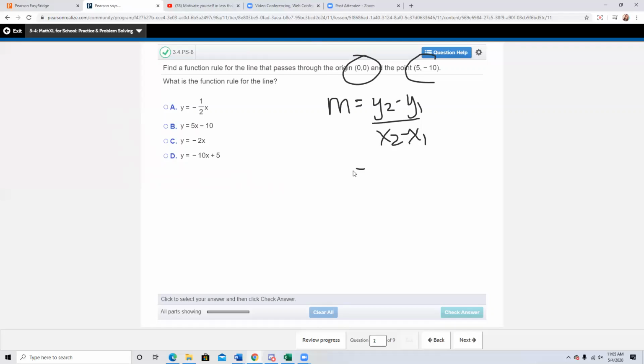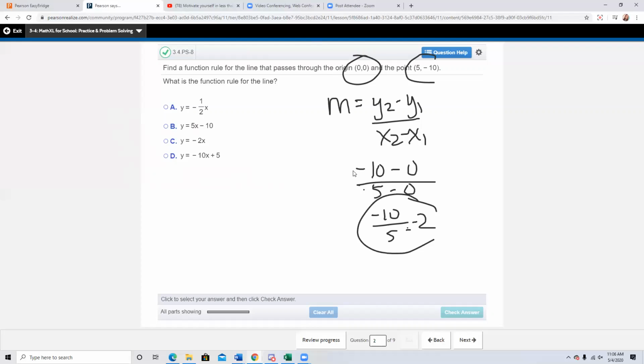And so you have negative 10 minus 0 and 5 minus 0. In this case, you have negative 10 divided by 5, which will give you negative 2. So your slope is negative 2.